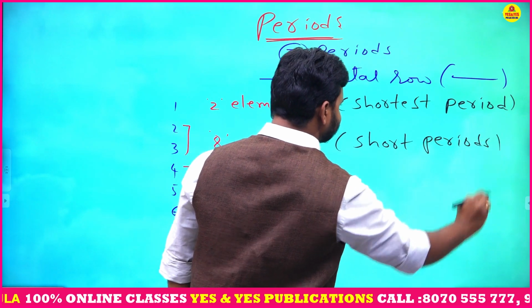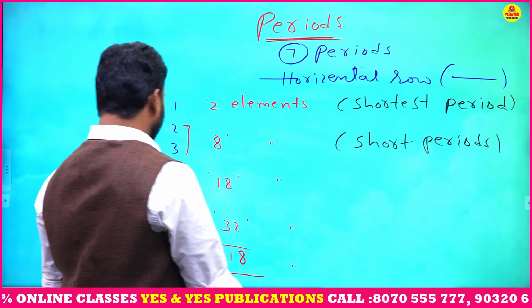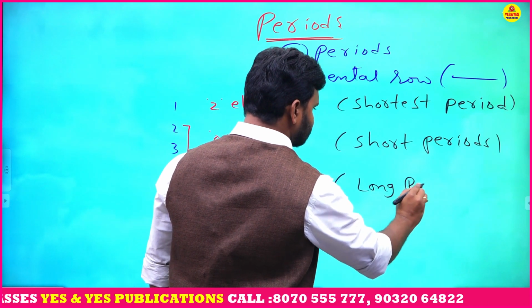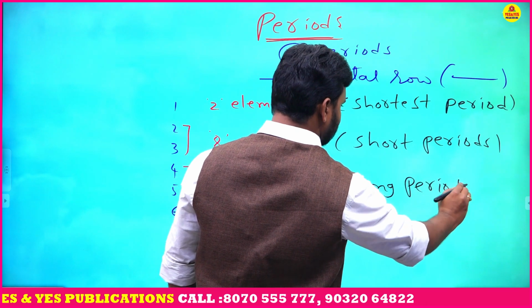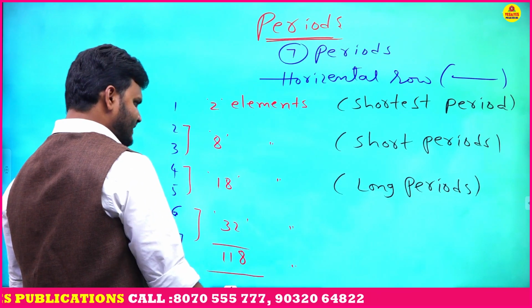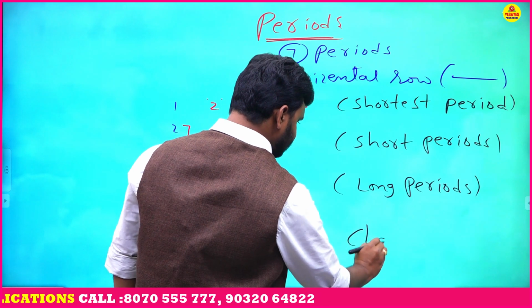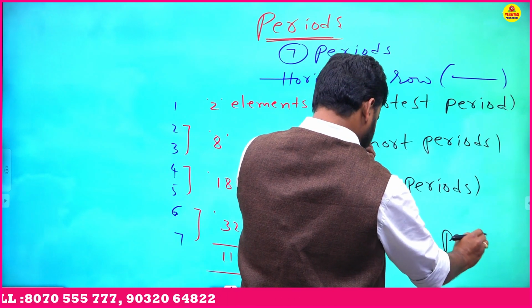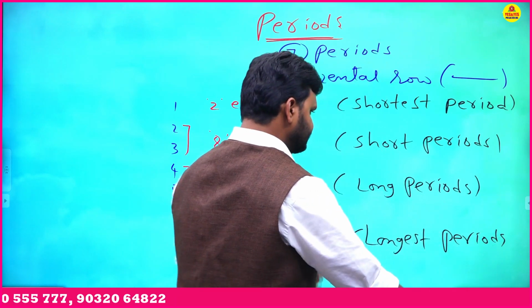Short periods. What about the fourth and fifth? Long periods. What about 6 and 7? Longest periods.